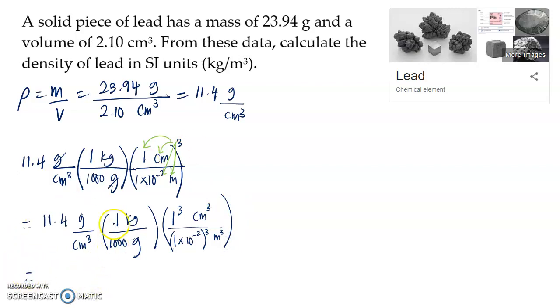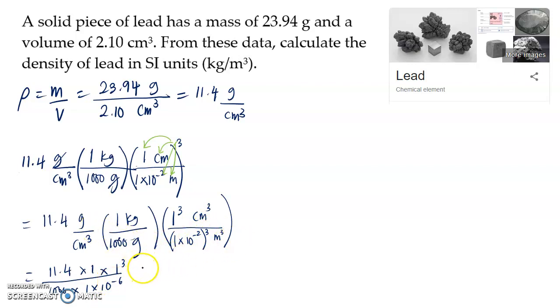Then we can combine the numerical values together and the units together in two fractions. So 11.4 multiplied with 1 to the power of 3 over the values in the denominator, 1000, and then multiplied with 1 times 10 to the power of, now it is going to be equal to negative 6.